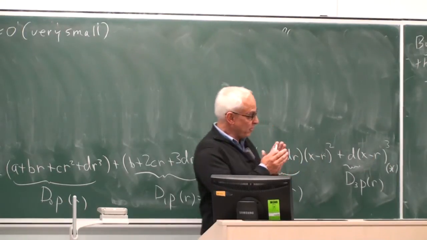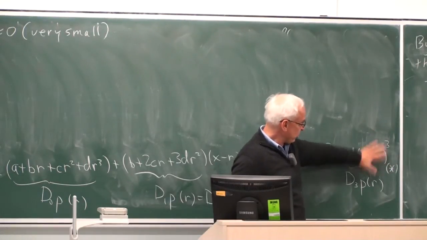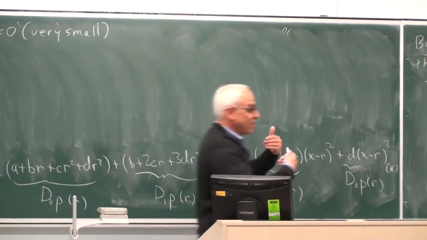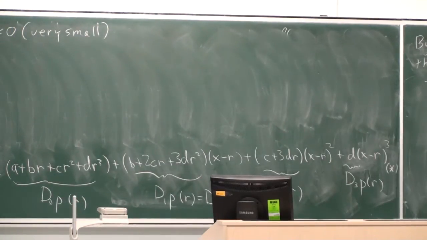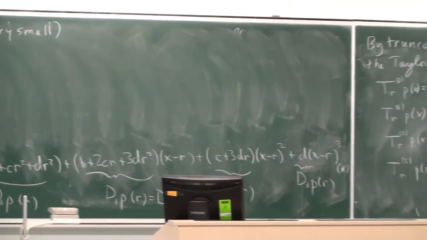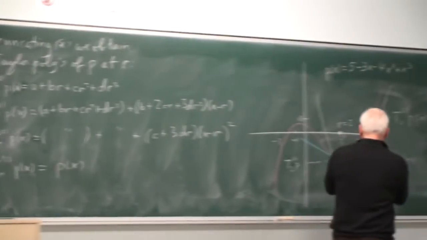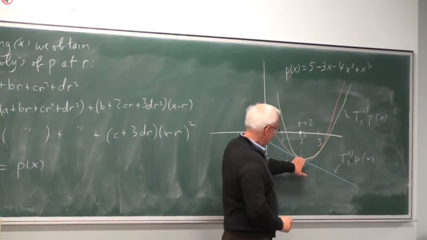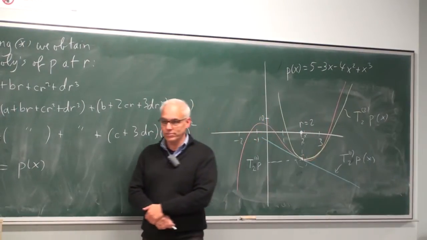So if you've gone further away, then this term here will be invisible, and you will see the function as being the parabola. It will be indistinguishable from the parabola. So it's really a question of scale, of how much you're zooming in or out near this point at r equals 2.